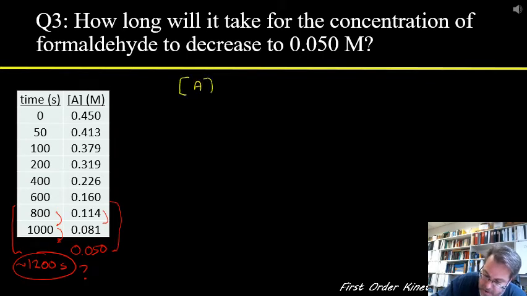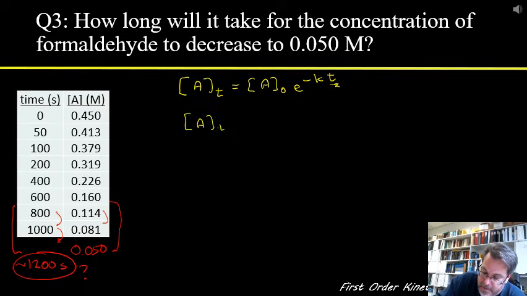Start with the same equation that we've been using all the time. This time, our unknown is T. We're trying to solve for the time. So let's isolate that by dividing both sides by the concentration of A0.